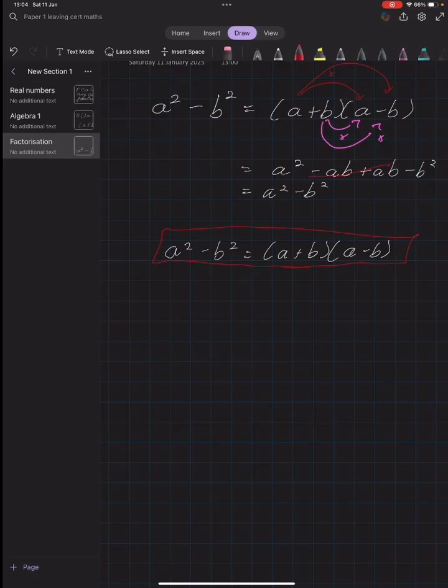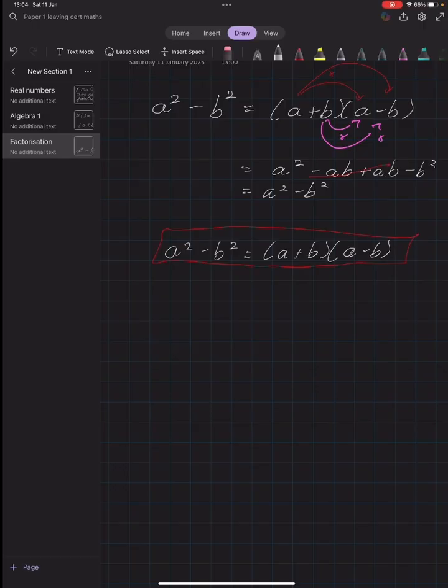So do learn this off. For your Leaving Cert, it's almost guaranteed to come up. If you're asked to factorize something and you see two terms with a minus in between them, it's probably going to be a difference of two squares.